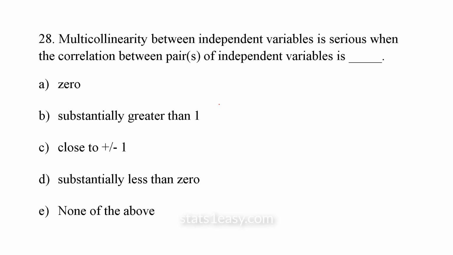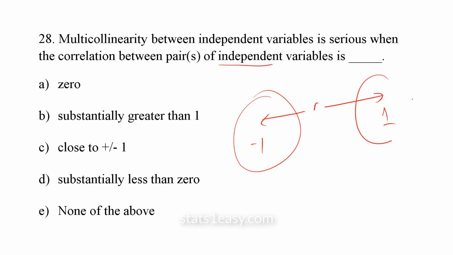Multicollinearity between independent variables is serious when the correlation between pairs of independent variables is dash. Now, we are only looking for correlation between independent variables. So we don't want the correlation to be strong. And as we said before, if correlation is strong, we are close to -1 or close to +1.